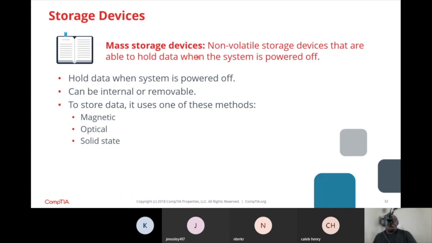Mass storage devices are non-volatile storage devices that are able to hold data when the system is powered off. Remember, NVRAM or non-volatile storage. They can be internal or removable. The stored data is used in one of these methods: magnetic, optical, or solid state.